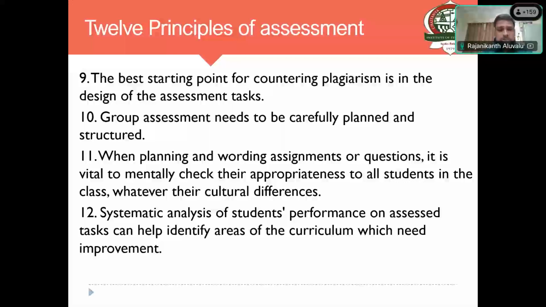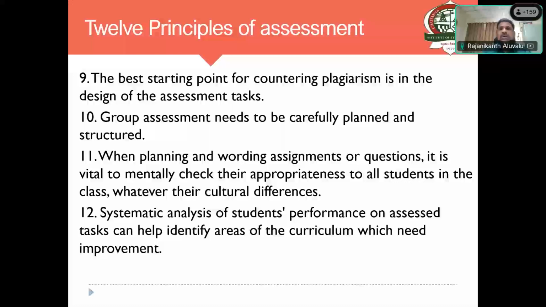Then the 11th principle talks about when planning and wording assignments or questions, it is vital to mentally check their appropriateness to all the students in the class, whatever their cultural differences are. Not only the cultural differences, your question verb or your question statement should not make the students run for a dictionary, right?